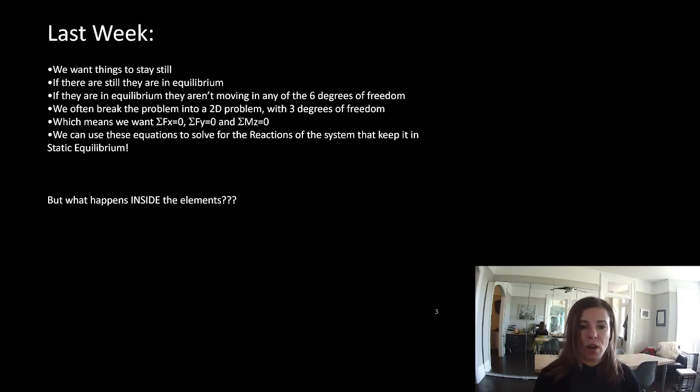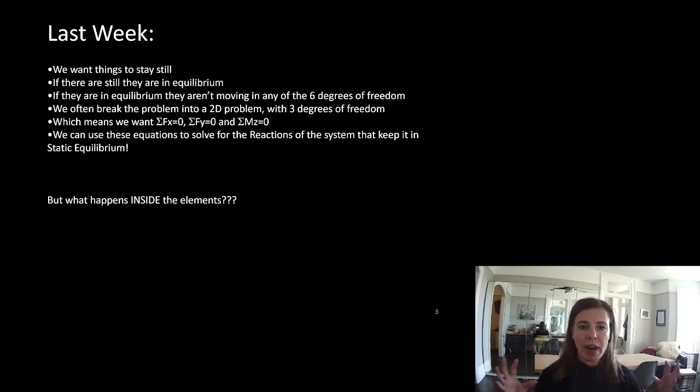What happens, though, internally in those elements? We looked at some objects that had loads applied at a point out at the tip of a diving board, for example. And we knew there was a reaction back here that was holding the back end of that diving board down. Well, what happens along the length of that diving board? There's a load out here, and there's a reaction here, but there must be something happening within the diving board.